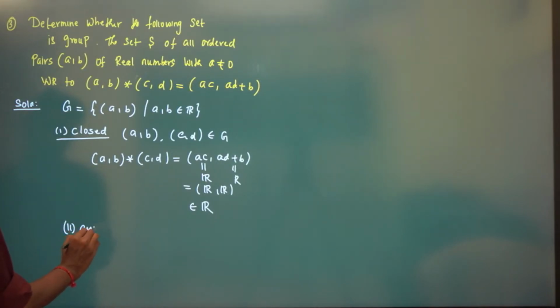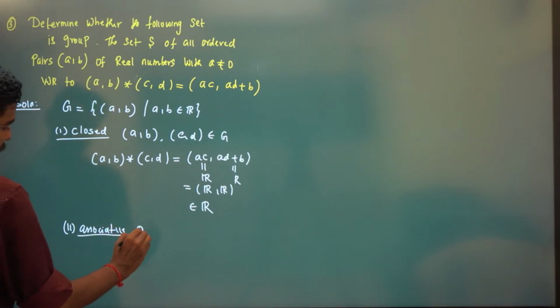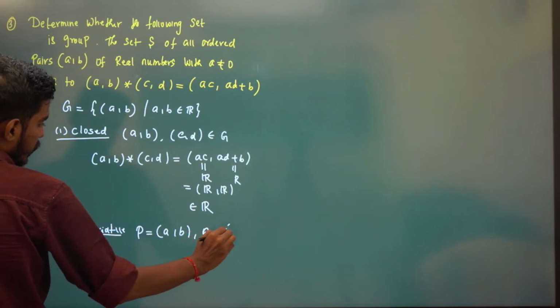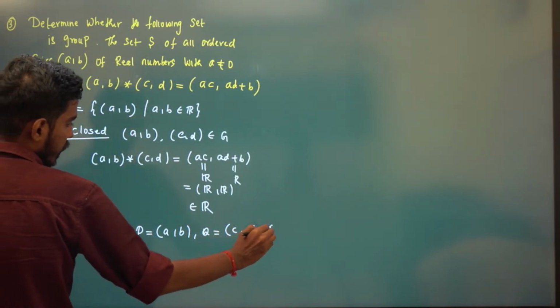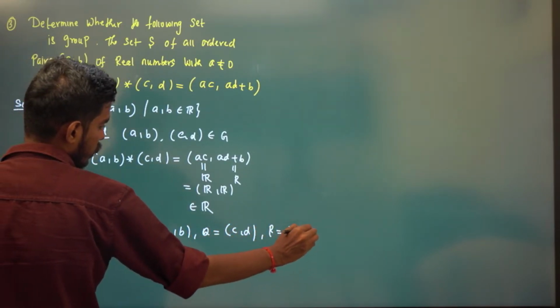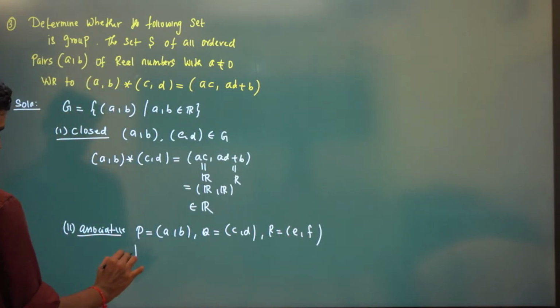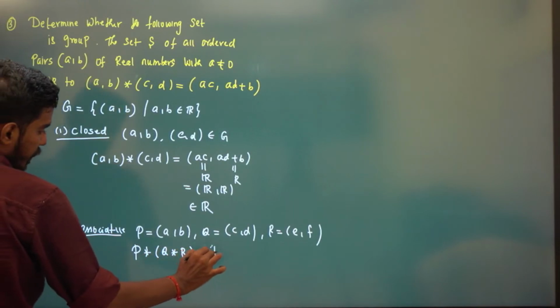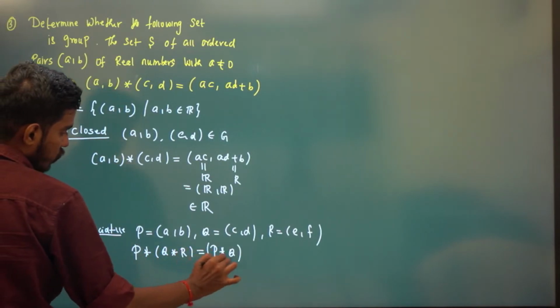For associative, you take any three pairs. Let us take P equal to (A, B), Q equal to (C, D), and R equal to (E, F). Right? You just show (P star Q) star R is the same as P star (Q star R).